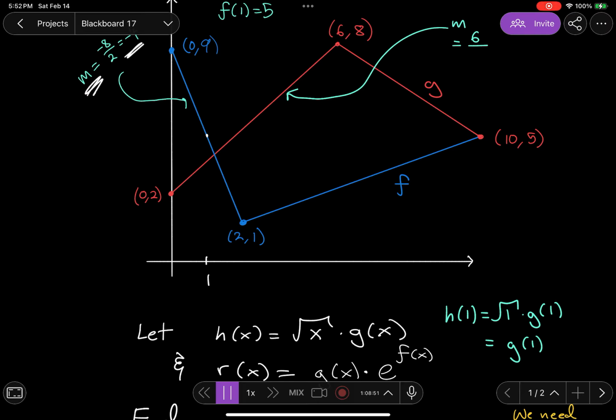That's 6, which means that every step along the x-axis, my function g increases by 1, because 6 over 6 is 1. If I start at 2 and take one step, that output increases by 1, which means that g of 1 is 3.